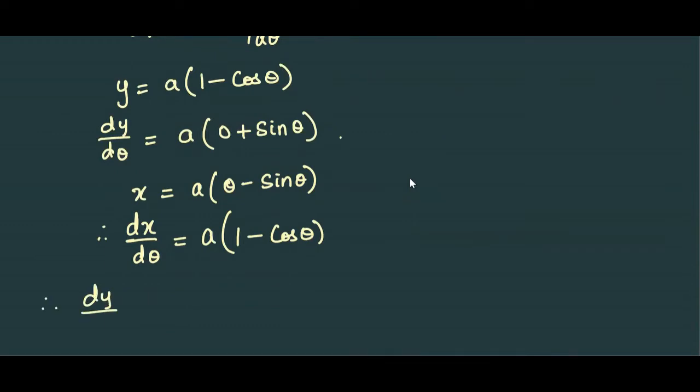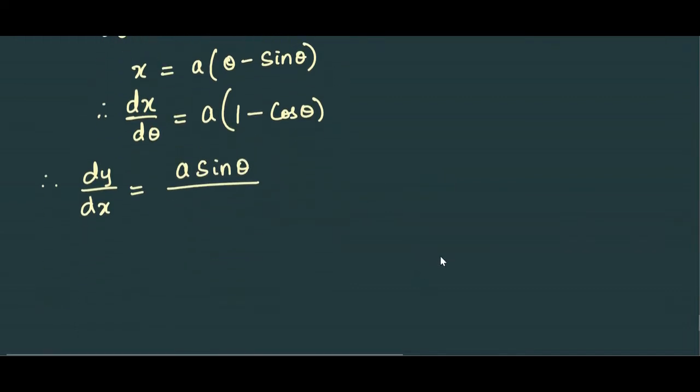Therefore dy upon dx is dy upon d theta, that is a sine theta, by a into 1 minus cos theta.